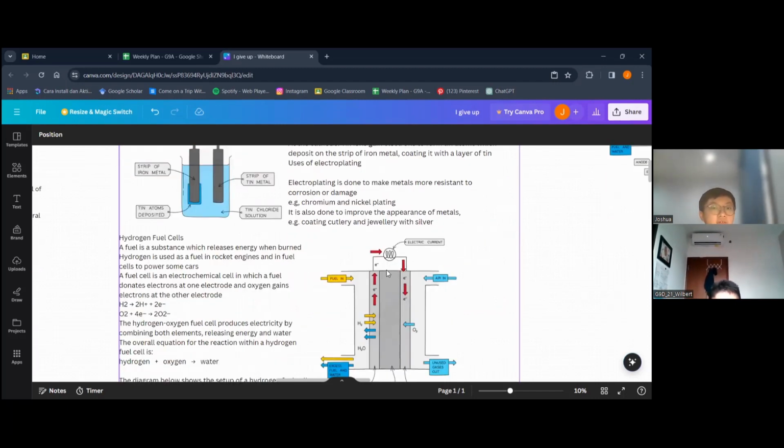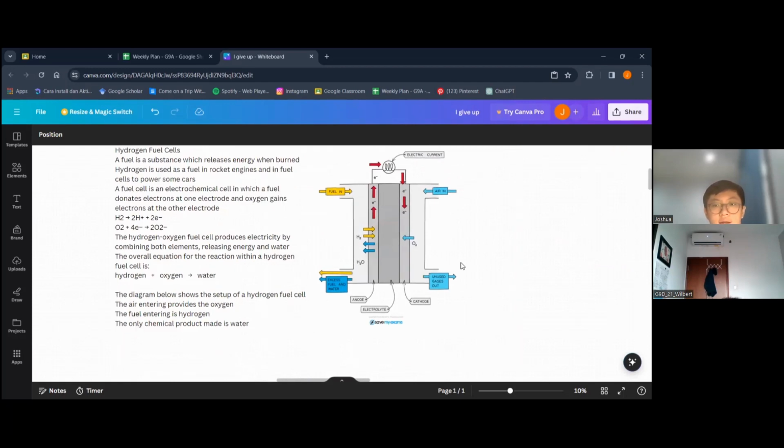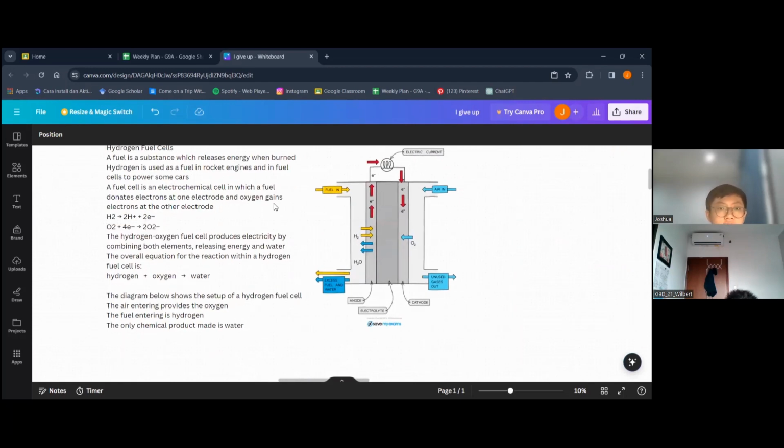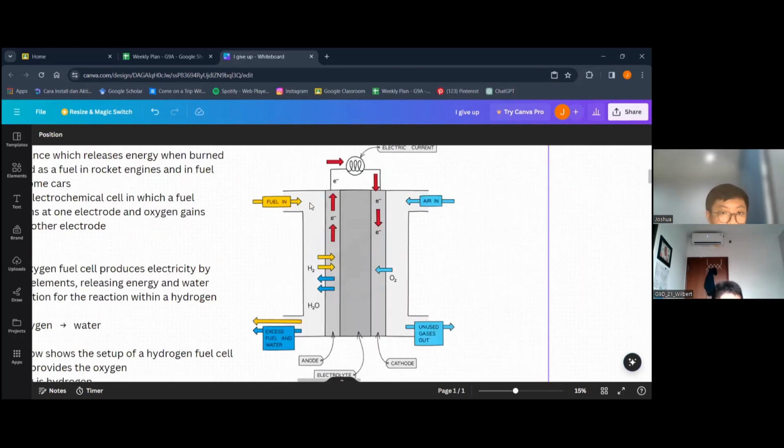Following that, we have hydrogen fuel cells. Hydrogen fuel cells are a sustainable, eco-friendly way to make electricity, and the only waste product they release is water. So how it works essentially, first the fuel in, as you can see in this yellow arrow, is hydrogen.